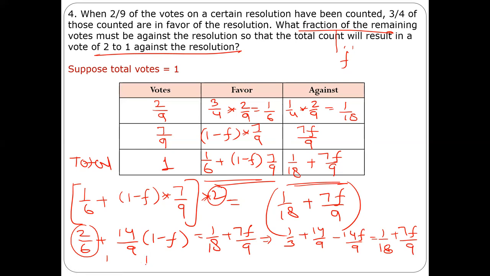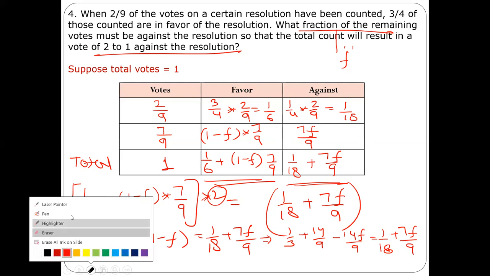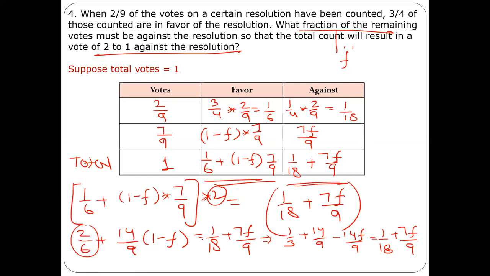So 1 by 3 plus 14 by 9 minus 1 by 18 is equal to 14f by 9 plus 7f by 9, right?